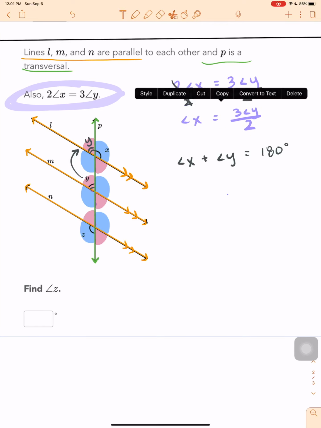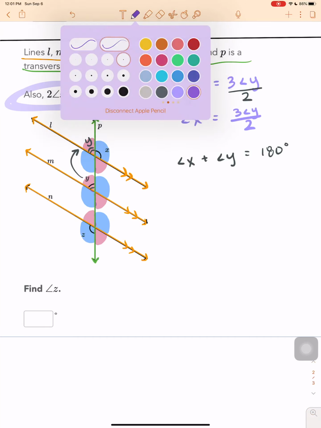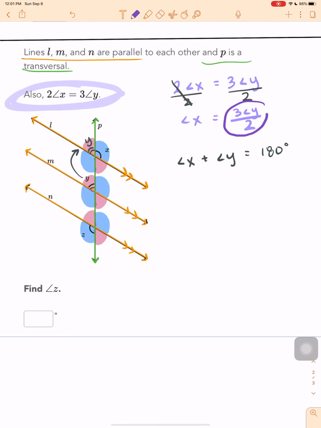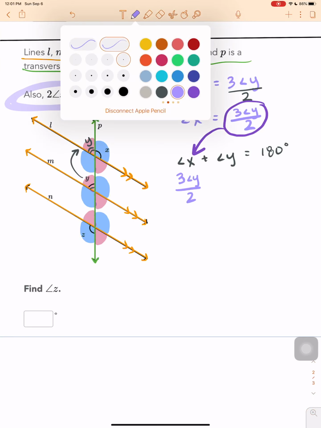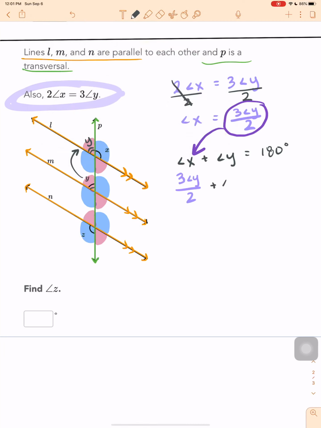It's super tiny. So I divided both sides by 2 to get angle x by itself, and now I can substitute 3 times angle y divided by 2 in for my angle x placeholder here. Hopefully we're in agreement there. And then we have plus angle y equals 180 degrees.